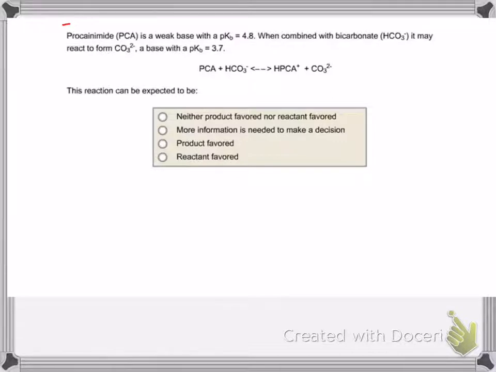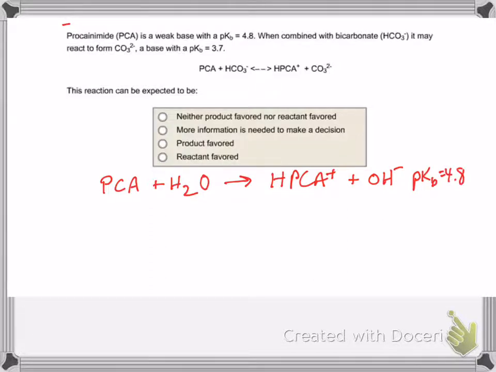All right, so let's take a look at this question in which we have PCA and we're given a PKB of 4.8, which means that here we have the reaction for PKB, and we see that this value is 4.8. And then they say this can be combined with CO3 2 minus, which has a PKB of 3.7.